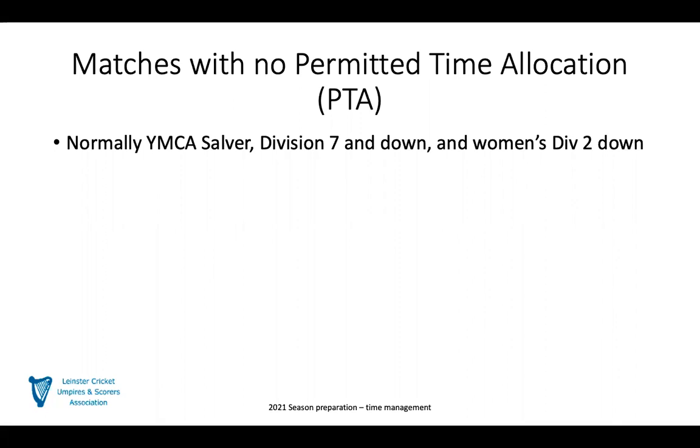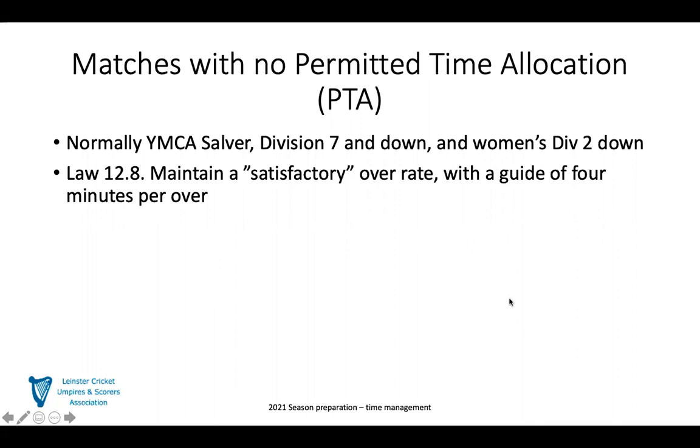The playing conditions for cricket for this year aren't 100% finalised yet, but they won't change much from this. So normally from the YMCA Salva down, from Division 7 down, and from Women's Division 2 down, there's no permitted time allocation. So what can you do?